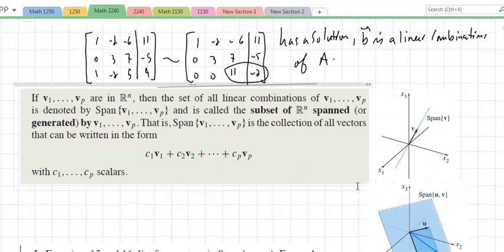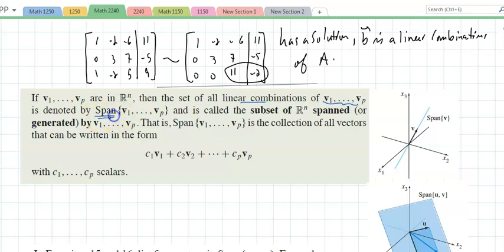Alright. Now, if V1 through V sub P, so those are P vectors in Rn, then the set of all linear combinations, any multiples of those, is denoted by span, and you list them out, is called a subset of Rn spanned or generated by V1 through Vp.